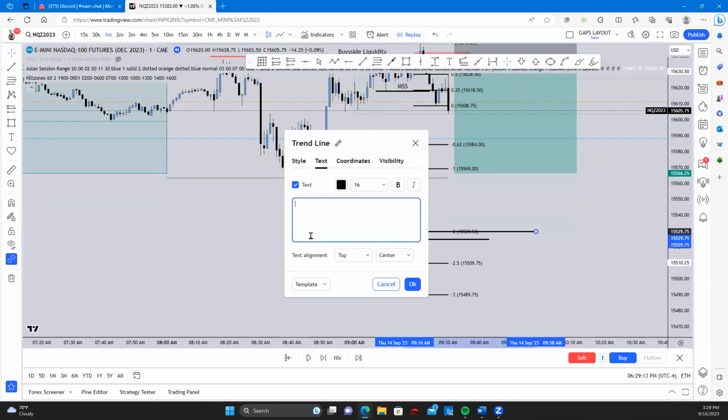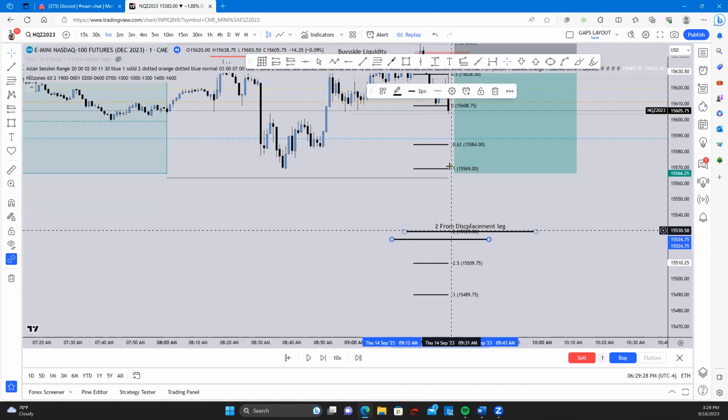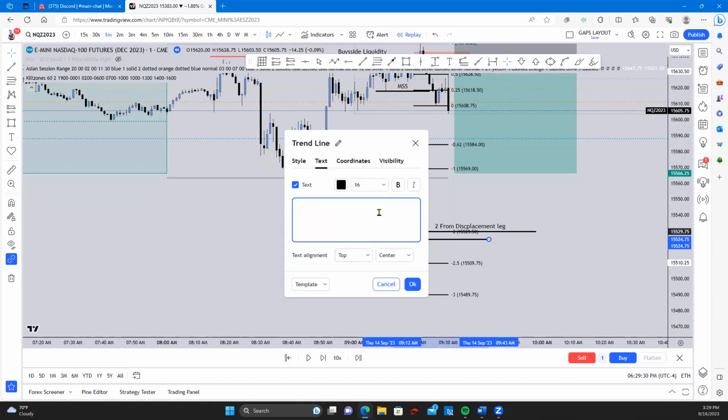This one we'll mark off as 2 from the displacement leg. And then this one is our 4 from the manipulation.